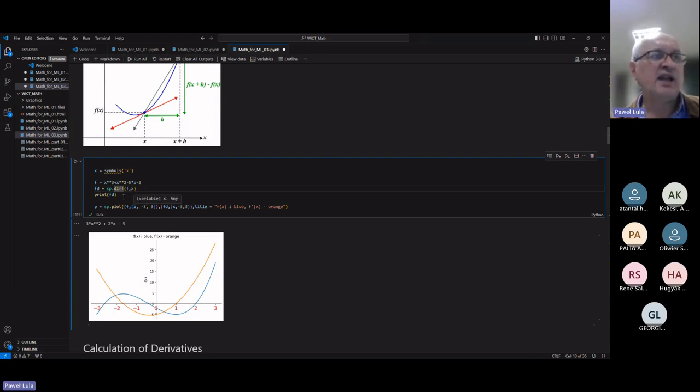So I want to find the first derivative of the f function, and also define x, which is a parameter of this function. And the result I assign to the fd object.